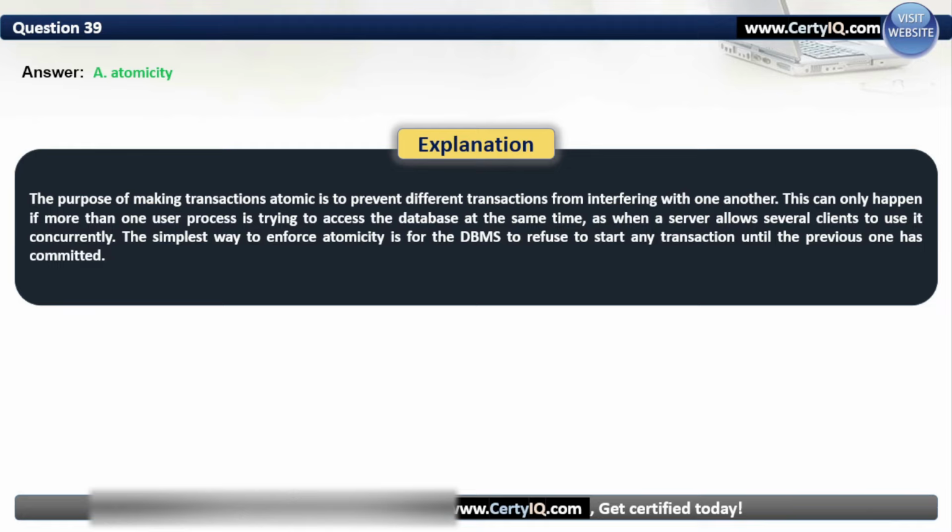This can only happen if more than one user process is trying to access the database at the same time, as when a server allows several clients to use it concurrently. The simplest way to enforce atomicity is for the DBMS to refuse to start any transactions until the previous one has committed.